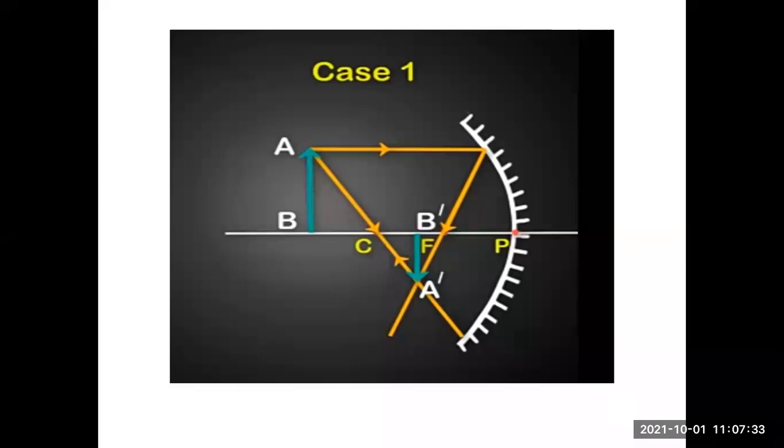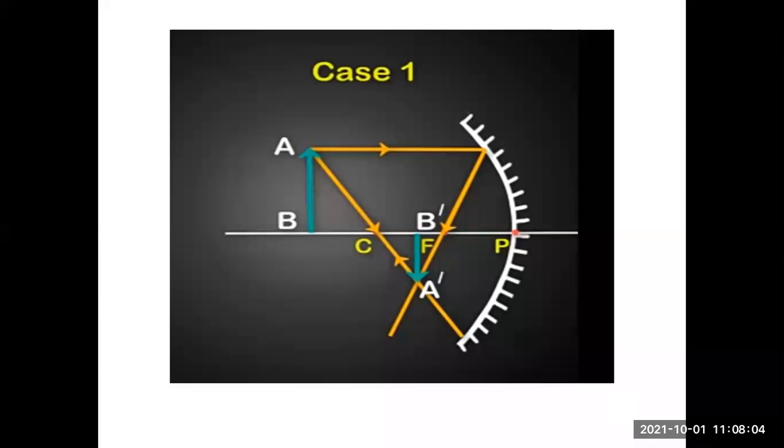We know that when the incident ray is parallel to the principal axis, the reflected ray passes through the focus. This was our rule 1.